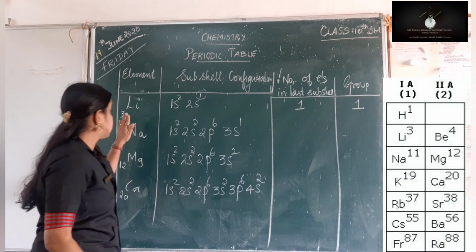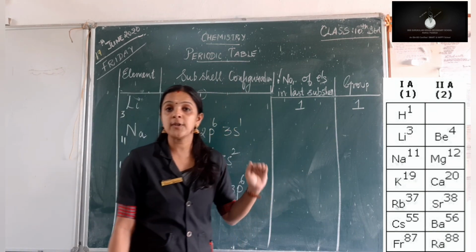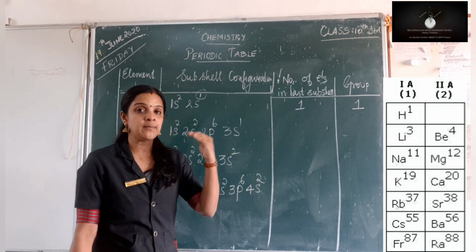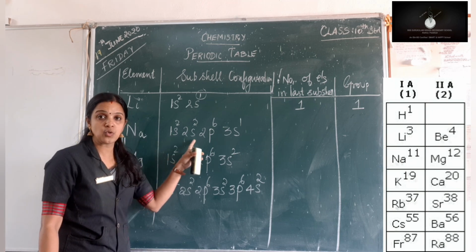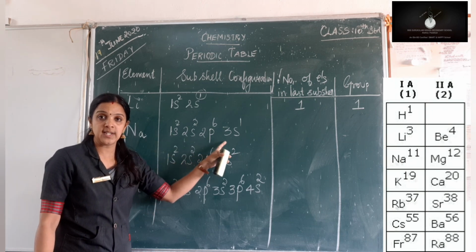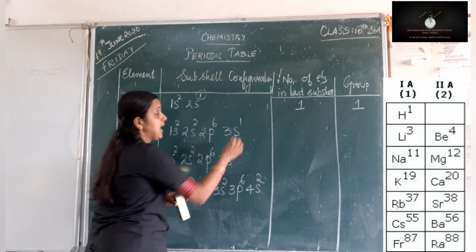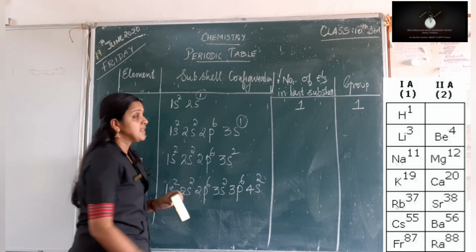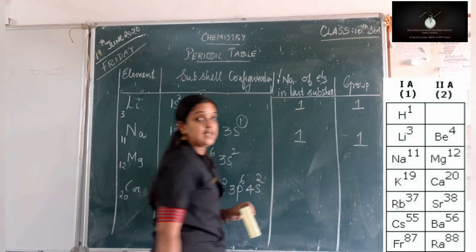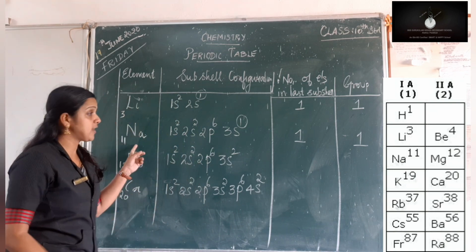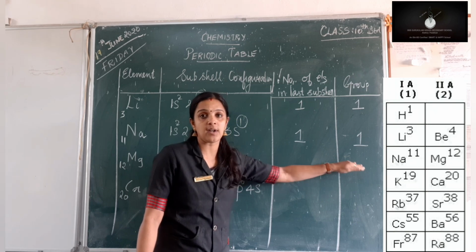That shows lithium is a first group element. You are able to understand, children? I'll give one more example. Sodium has 1s2, 2s2, 2p6, 3s1. How many electrons are there in the last subshell? Only 1. So I write 1, which will be the group of the element. So sodium also belongs to the first group of S block.